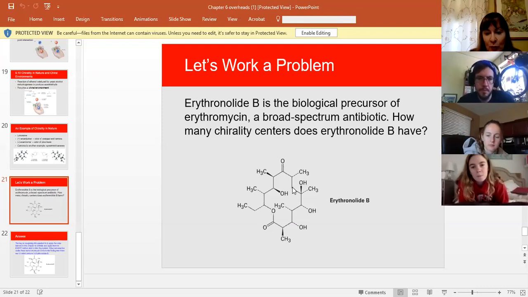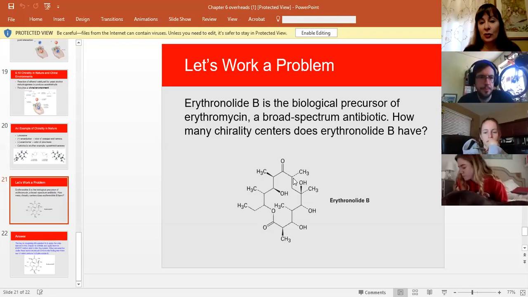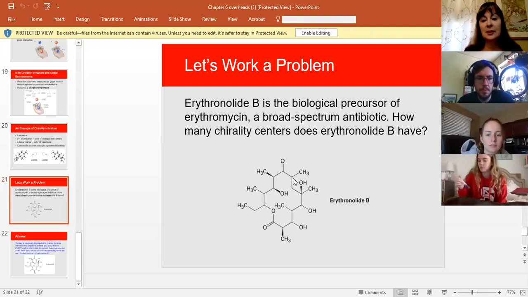This side, which goes to a CH2, and that's a line structure, so there's a substituent that's not being shown. What is the substituent that's not being shown in the line structure? A hydrogen, right? So does that carbon have 4 different substituents? Yes, it does. So that is what we call a chiral carbon.